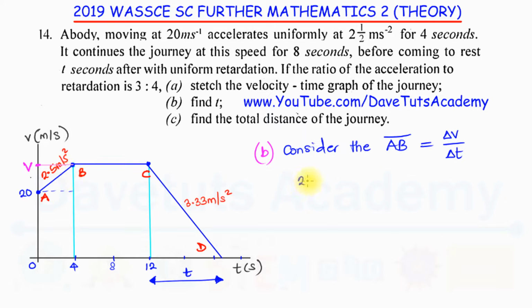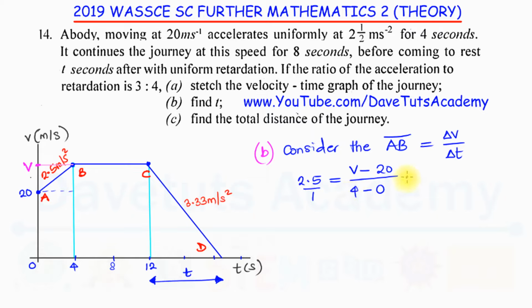AB was given as 2.5, we were told in the question that this is 2.5. It is the change in the velocity, that is V, the final velocity here, minus the initial velocity it is moving from, that is 20, over the change in time. So our time was starting from 0 and ending at 4. So this is over 4 minus 0. So we want to cross multiply by saying this is over 1. So 4 minus 0 is 4.